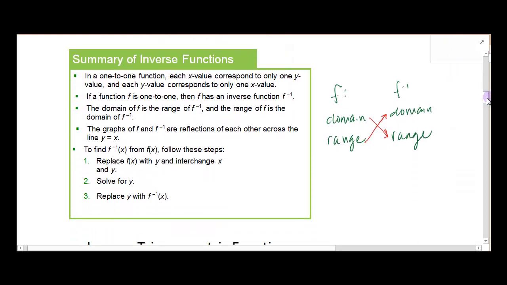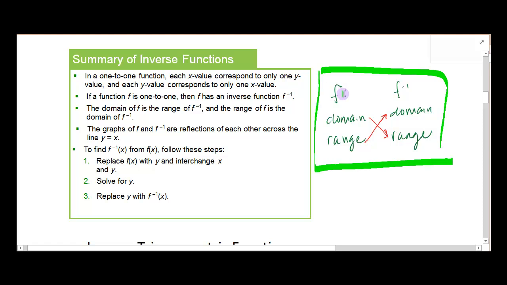Now, here's a summary of what inverse functions tell us, but the main thing that we're going to focus on here is the fact that if a function has an inverse, then the domain of the function is the range of the inverse, and the range of the function is the domain of the inverse. So they are flipped.